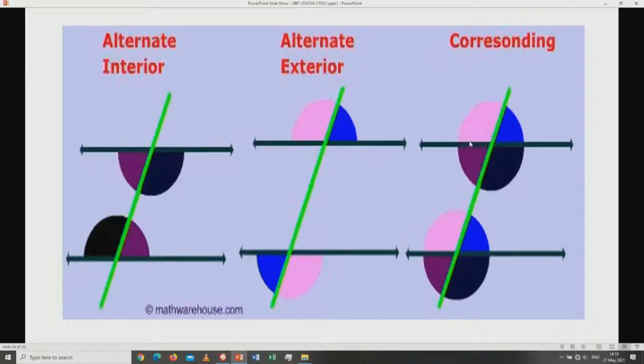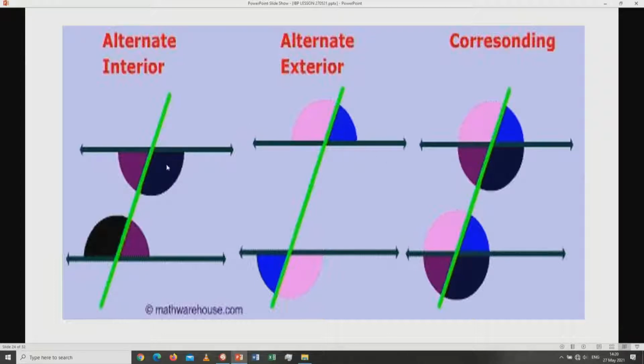Corresponding: above on the left. Pink equals pink. Below on the left, corresponding, they are equal. Below on the right, on the right side of the transversal. Those are corresponding angles.